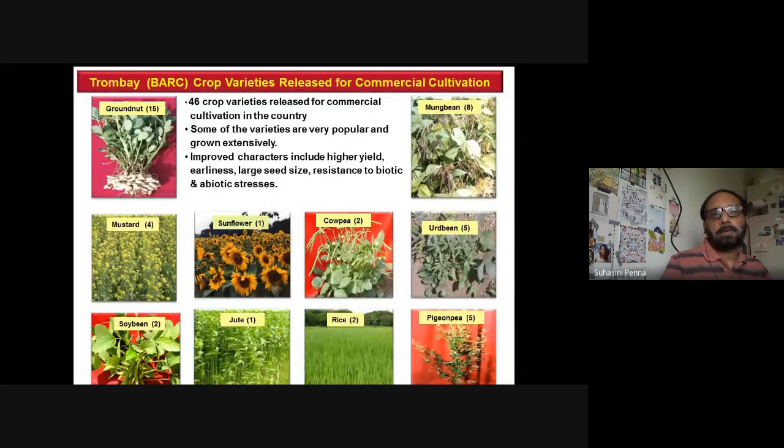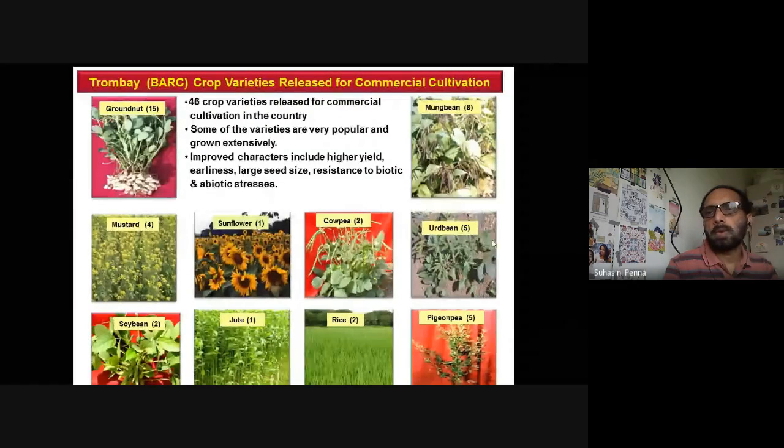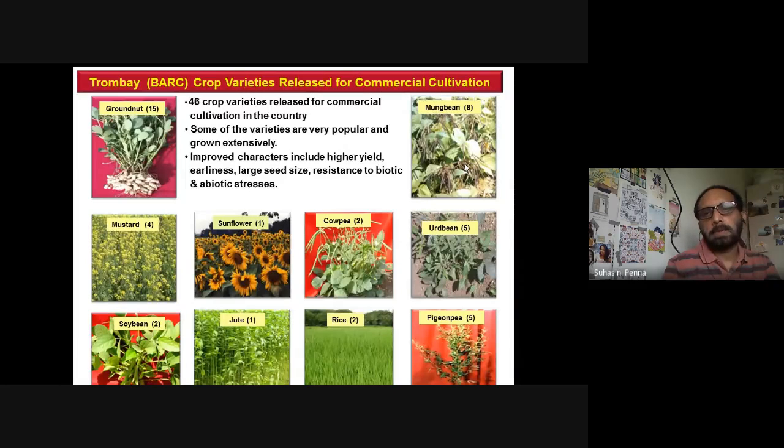The famous and very popular ones are the Trombay groundnuts. All our varieties, the BARC varieties, the first letter is T. T stands for Trombay. So we have mustard, sunflower, cowpea, urad bean, mung bean. Some of these are very popular in different states.